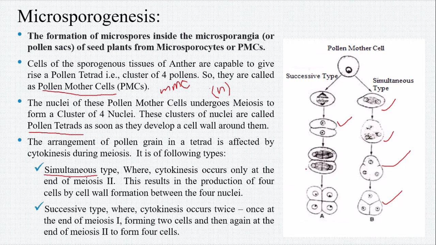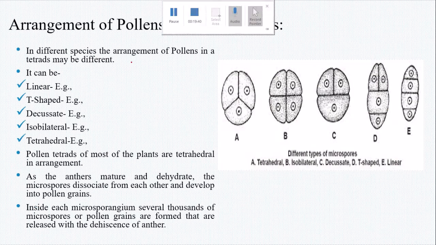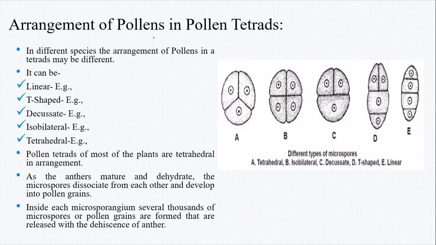So cytokinesis takes place one after the other, first after meiosis first and second after meiosis second. In such a pollen tetrad, generally an isobilateral arrangement of the tetrad is shown, and it is generally found in monocot plants.